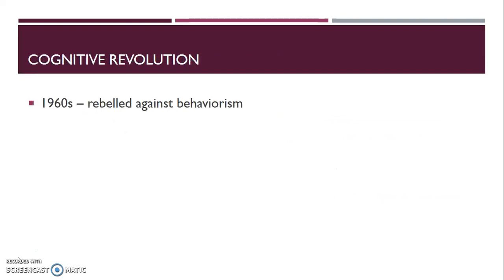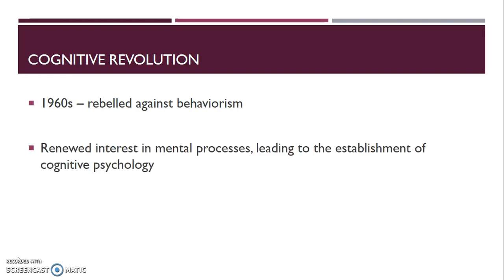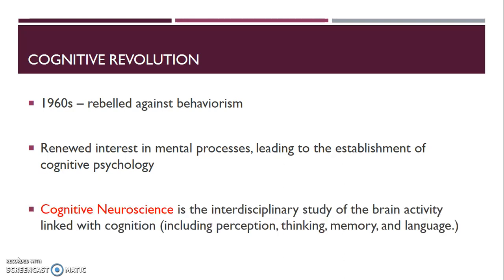And then in the 1960s, we had this cognitive revolution. It was a group of psychologists that basically rebelled against behaviorism. These psychologists renewed interest in mental processes, leading to the establishment of cognitive psychology and cognitive neuroscience, which is the interdisciplinary study of the brain activity linked with cognition, including perception, thinking, memory, and language.